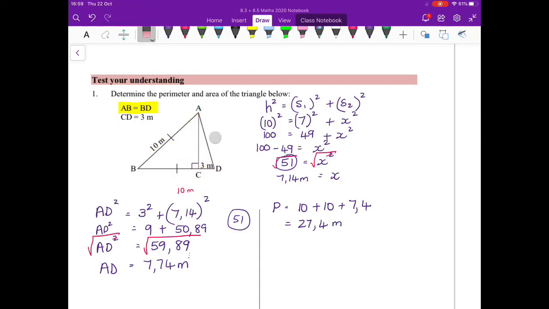Right, I'm going to erase that because it looks a bit busy, and now I'm going to calculate the area of that triangle. So area, always write down your formula, half base times perpendicular height, which is going to be a half. My base is this entire length, so remember the right angle grabs the two sides to add together.